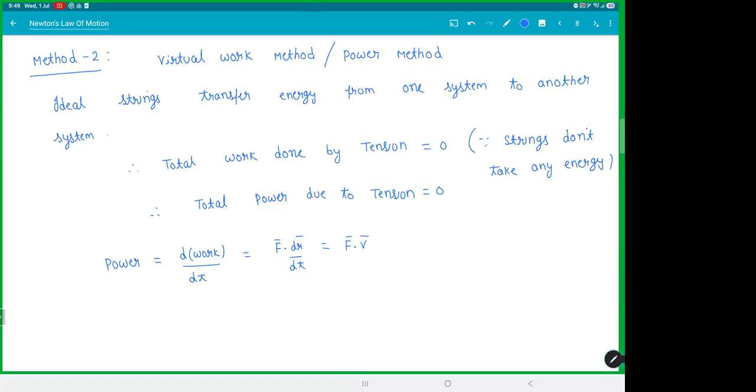It is okay if you don't know the derivation and all. We are going to do it later on in work, power, energy. But the power formula is given by force dot product v bar. So power is simply the dot product of force and velocity.